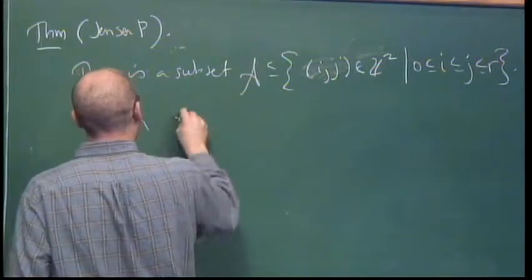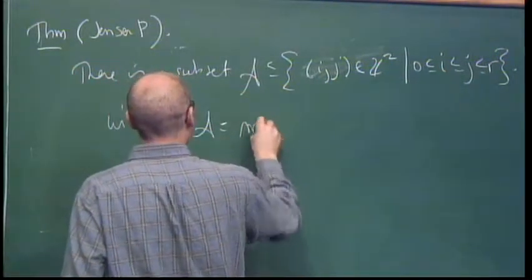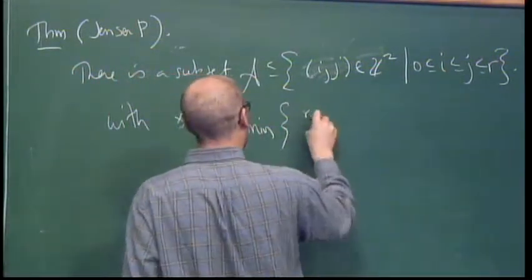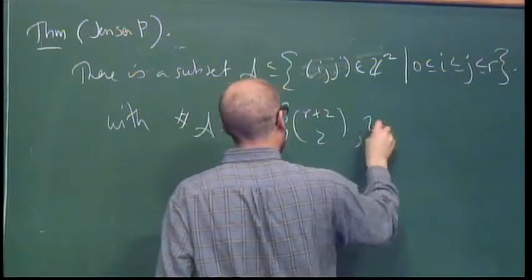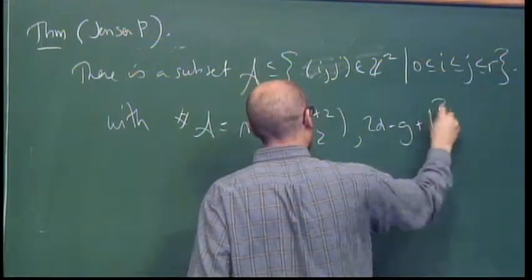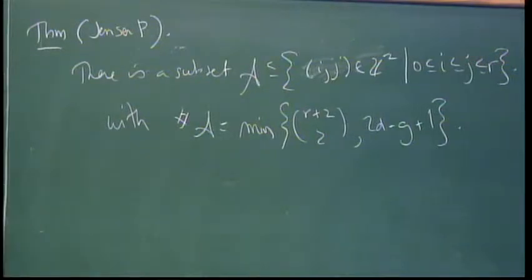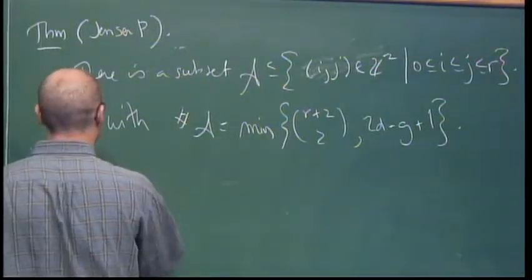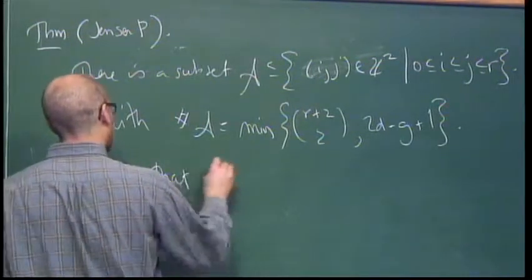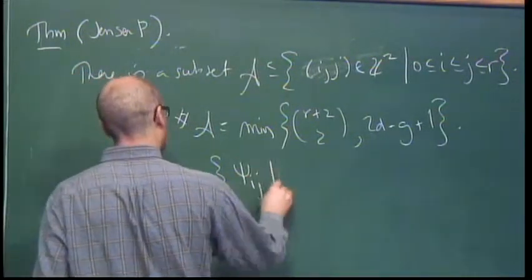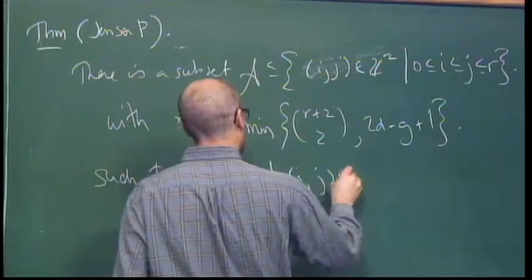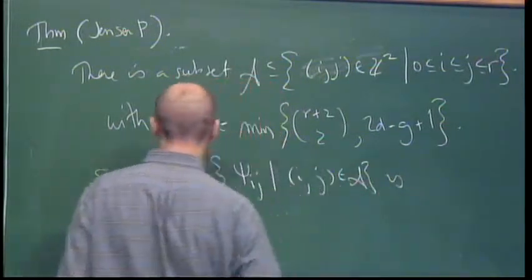And this set has the desired size, which is the minimum of r plus 2 choose 2 and 2d minus g plus 1, according to whether mu2 should be injective or surjective, such that the set of psi ij such that ij is in A is tropically independent.